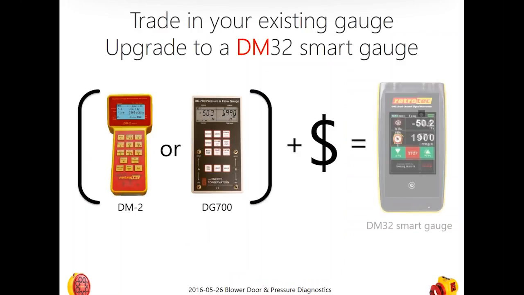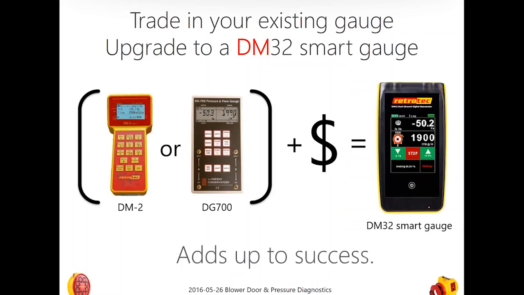Of course, they don't just buy it from you just to buy it. They will give you a trade-in value and apply that to a new DM32 smart gauge. So definitely, if you have any questions about that, I highly recommend you go to retrotec.com, call the sales and support team, and ask them about that.